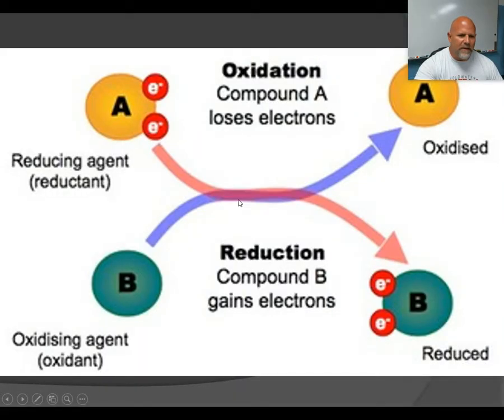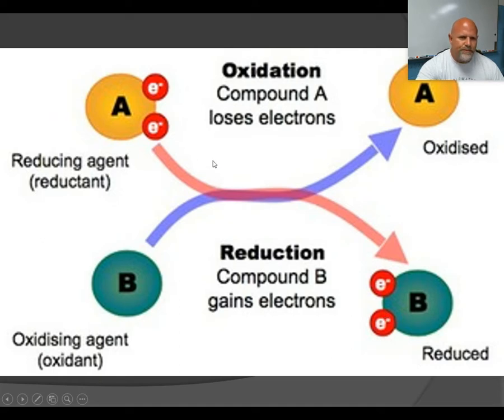We're going to see a lot of oxidation and reduction going on in the next couple chapters, and so we're going to talk about it right now. What is oxidation? Oxidation is when we lose electrons and oftentimes hydrogens. And reduction is when we gain electrons and oftentimes hydrogens.